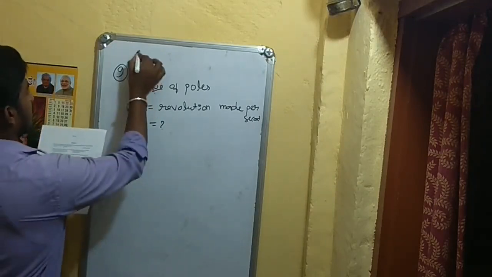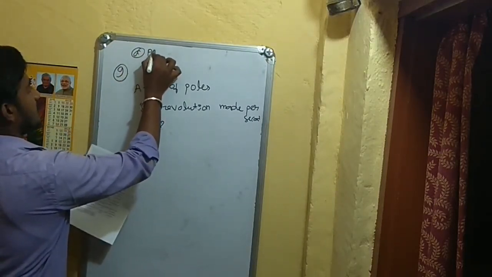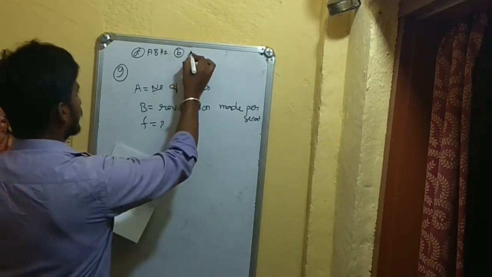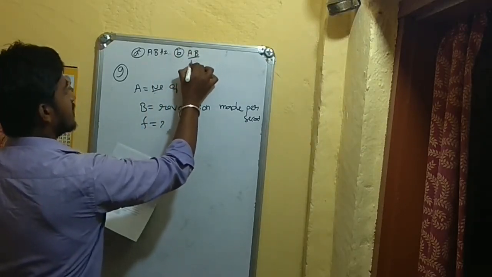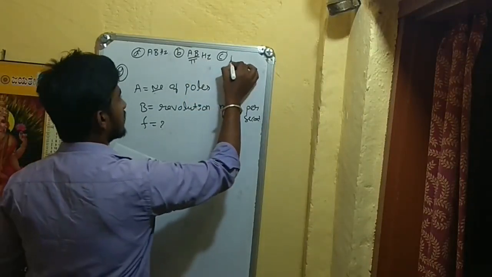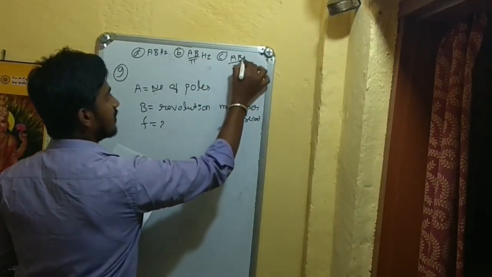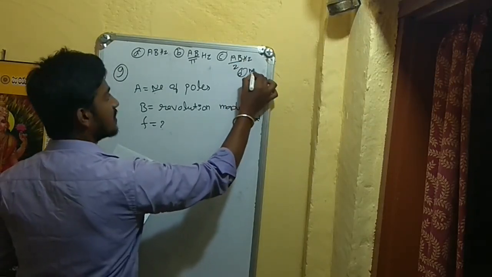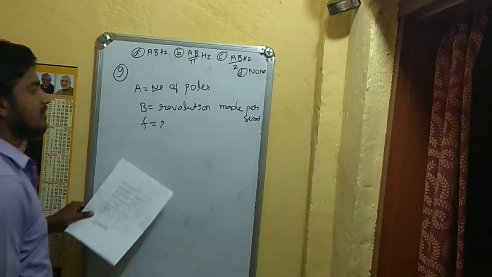So options are: option A, AB hertz; option B, AB by pi hertz; option C, AB by 2 hertz; option D, none of these.